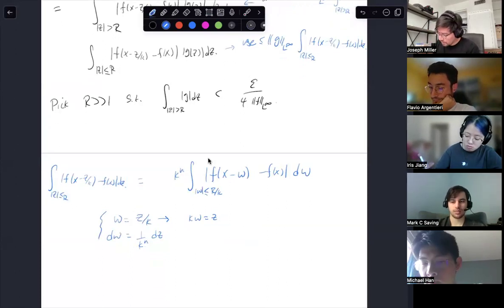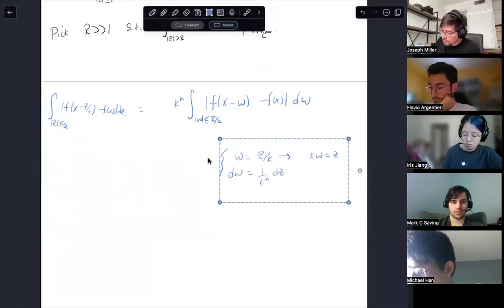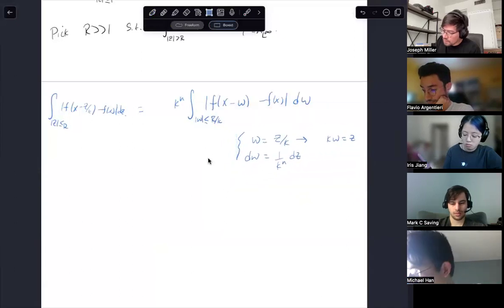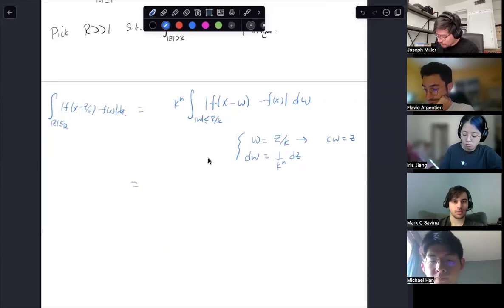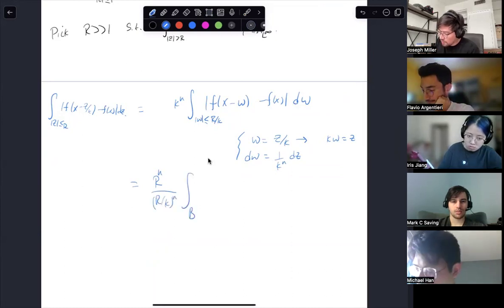Okay, cool. And so once I do that, what I notice is I can rewrite this quantity as being equal to r to the n over r over k to the n. And then this is now a ball in the w variables around r over k.